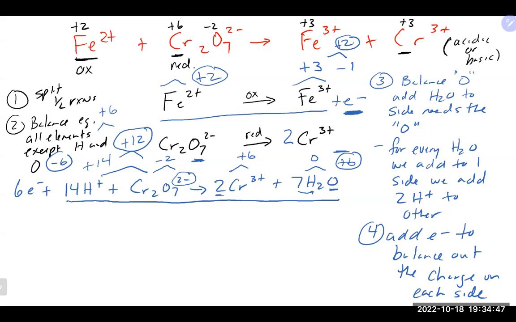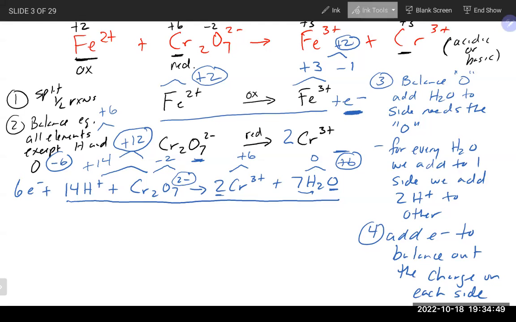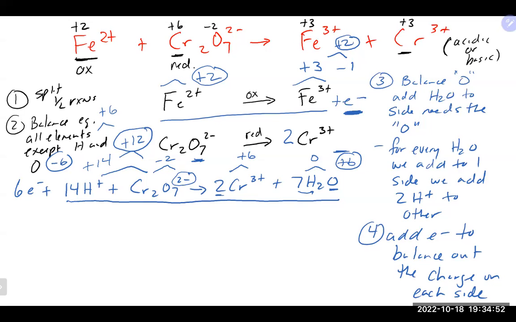Okay, so just to rewrite the two equations where we're at, top equation there, we basically just added an electron here. Bottom equation, we added our waters and some electrons here and our H pluses.